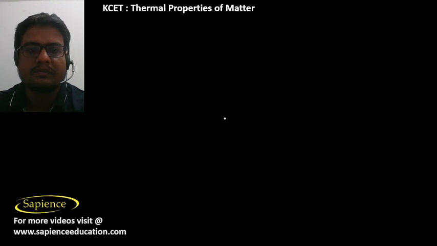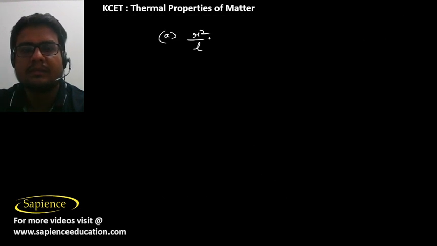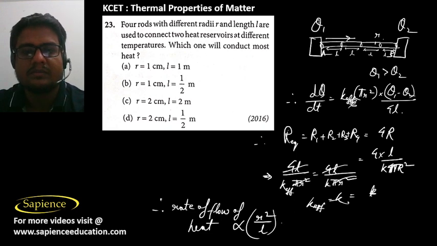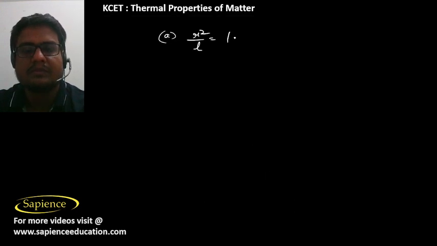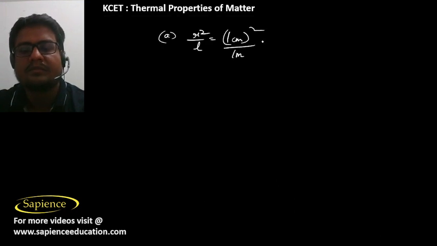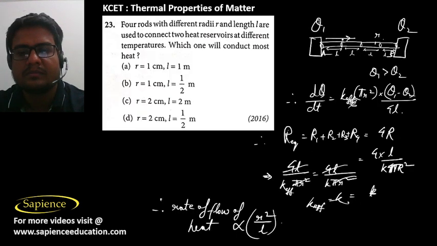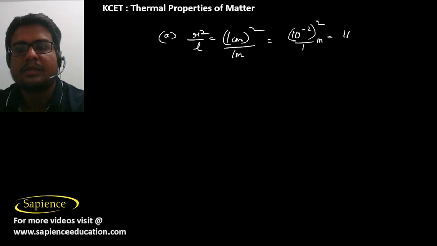Now for the first option, r square by L is equal to 1 centimeter whole square by 1 meter. So that is 10 power minus 2 whole square by 1, in meters, so that will be 10 power minus 4 meter.